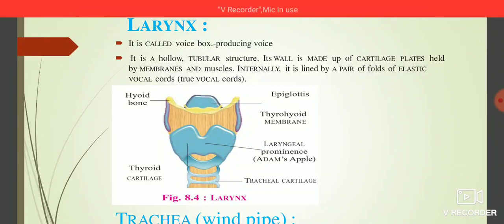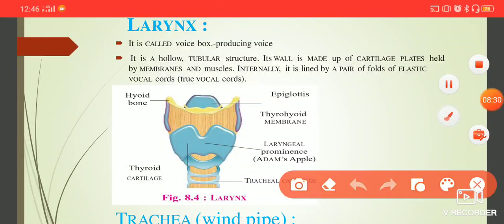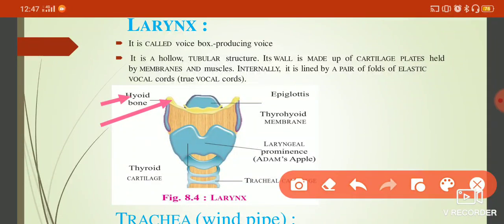See here, this yellow part is nothing but the hyoid bone to which the tongue is attached, and this is the trachea. From this hyoid to the trachea, this larynx is situated. Then how is the structure?